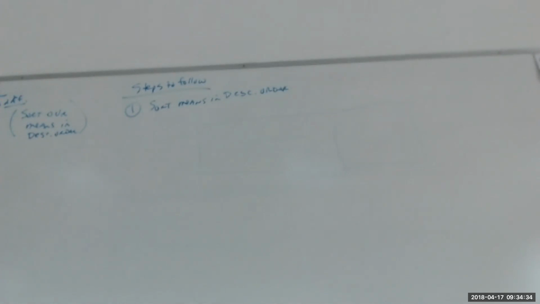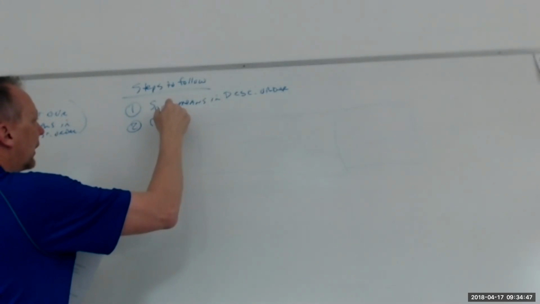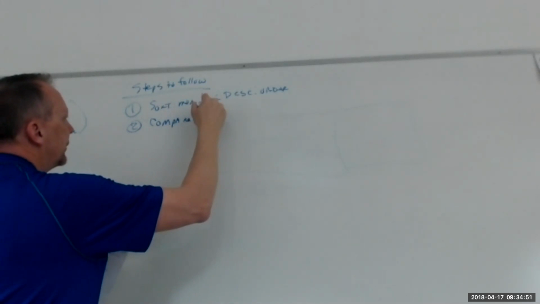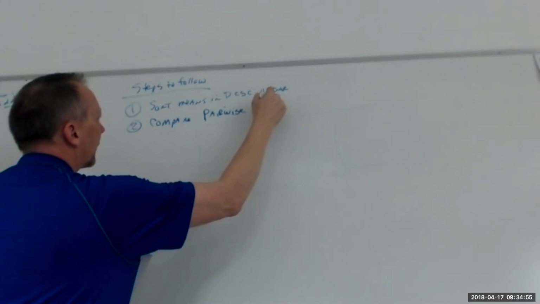K is the number of means, that's correct. V equals n minus k, V as in Victor. Step 2 is you're going to compare your pairwise differences.